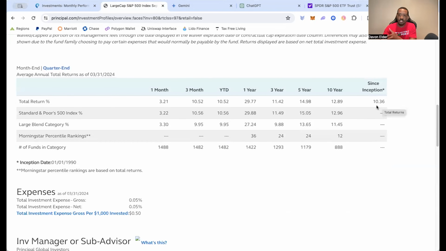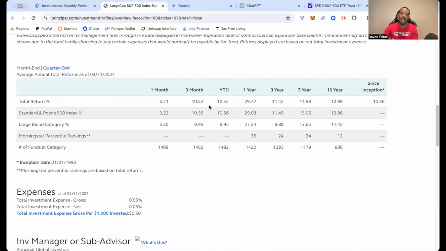Since inception, we're talking about 10.36%. That is your average, right? Just over 10% for the entire average. Over the last 10 years, we're talking about 12.89%, 5 years, 14.98%, 1 year, 29.77%, and year to date, we're talking about 12.52%.